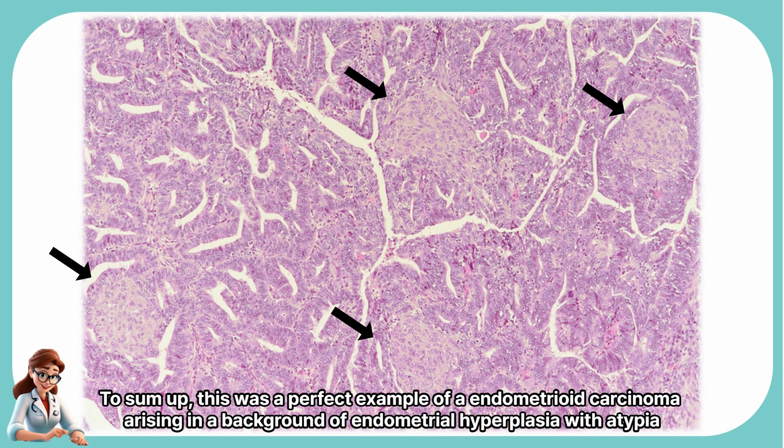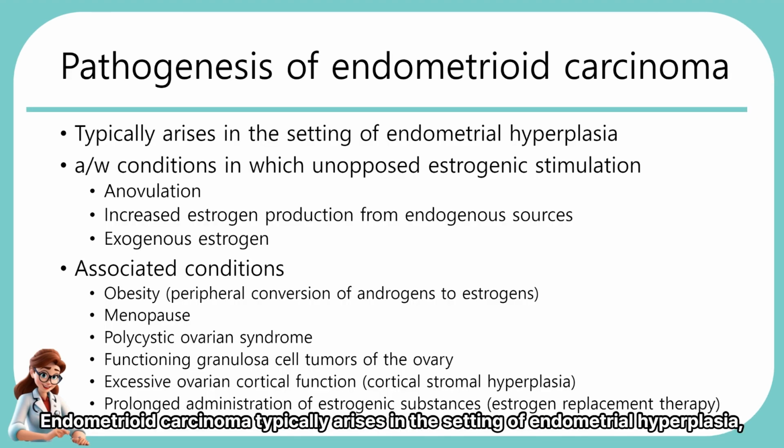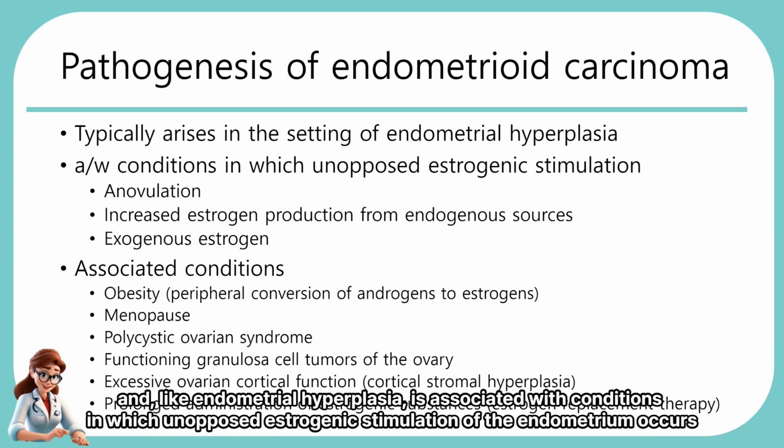To sum up, this was a perfect example of an endometrioid carcinoma arising in a background of endometrial hyperplasia with atypia. Let's go over the pathogenesis briefly. Endometrioid carcinoma typically arises in the setting of endometrial hyperplasia, and, like endometrial hyperplasia, is associated with conditions in which unopposed estrogenic stimulation of the endometrium occurs.